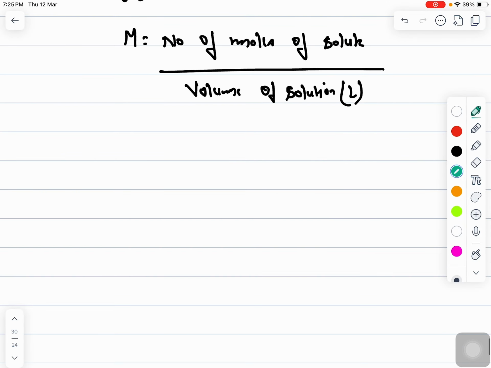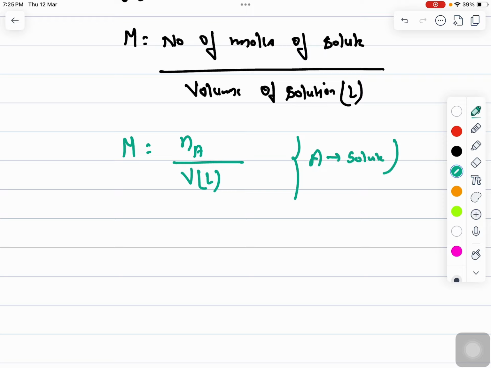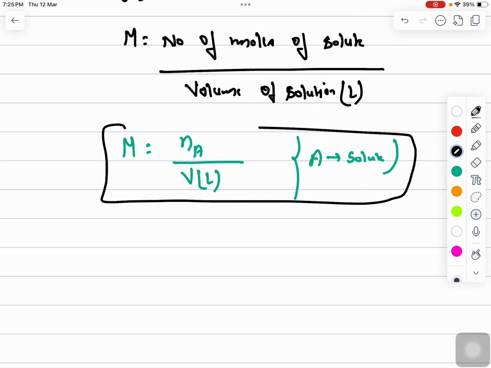Is that clear? So molarity can be defined as the number of moles of A divided by the volume of solution in liters, where A is the solute, let's say. Right? This is the molarity.